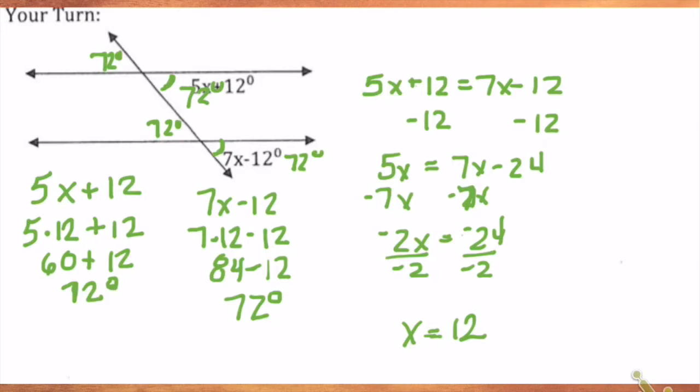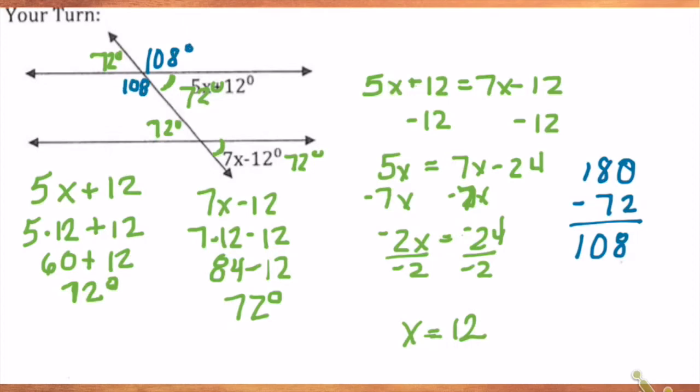And then I know that I have linear pairs, so I can take 180 degrees and subtract the 72, and that gives me 108. And so that gives me the other measurements for the linear pair, and then vertical to that, and what would be corresponding angles to the vertical angle, and then vertical to that one. So you get to fill in all the others once you know what the supplement was to the one that you found.